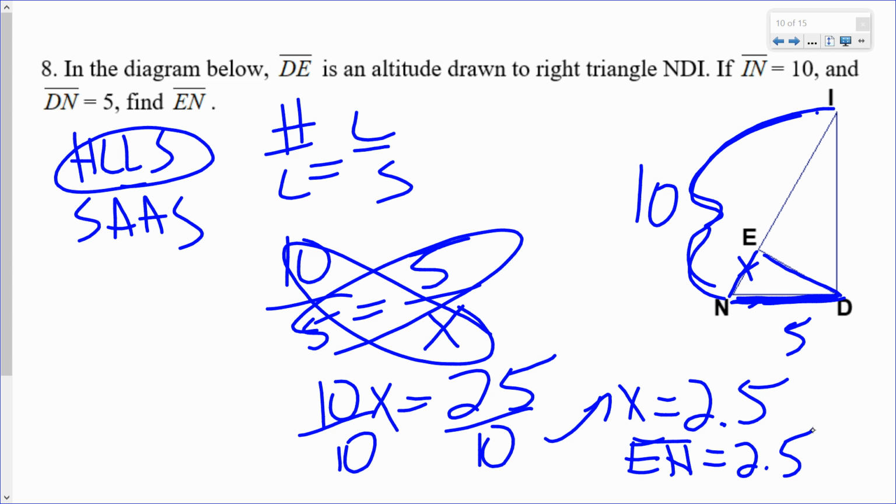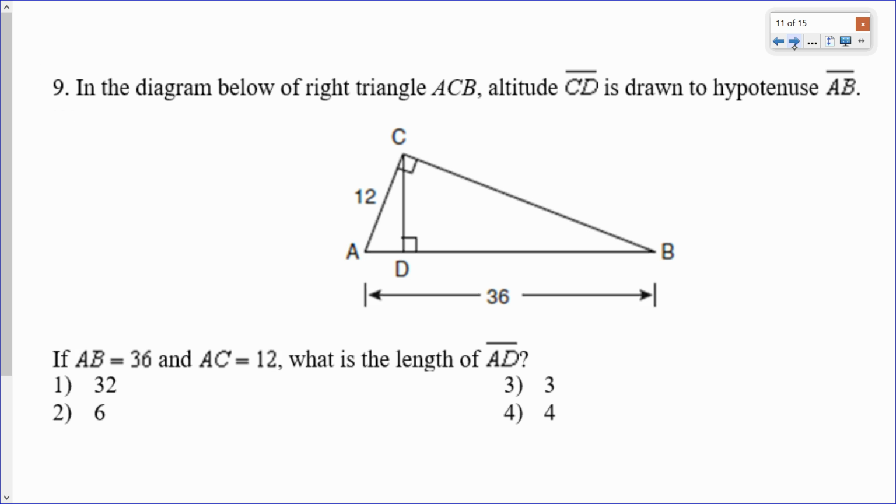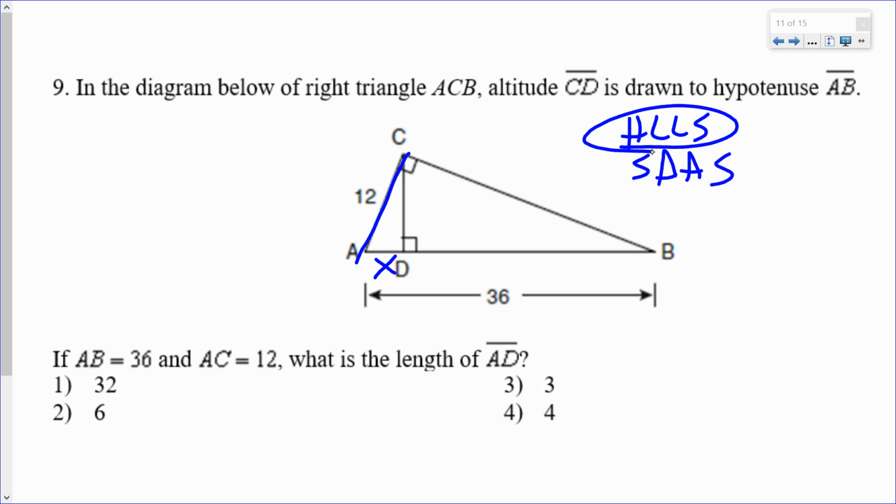And I also asked you to do number 9. If you didn't already, please pause and go over it now. It's asking for AD. I recognize this picture as Hills SAS. Is there an L involved or an A involved? There is an L involved. So again, I'm using Hills.